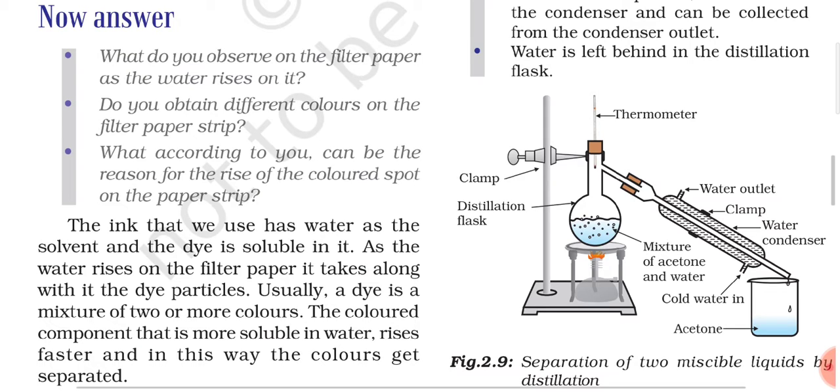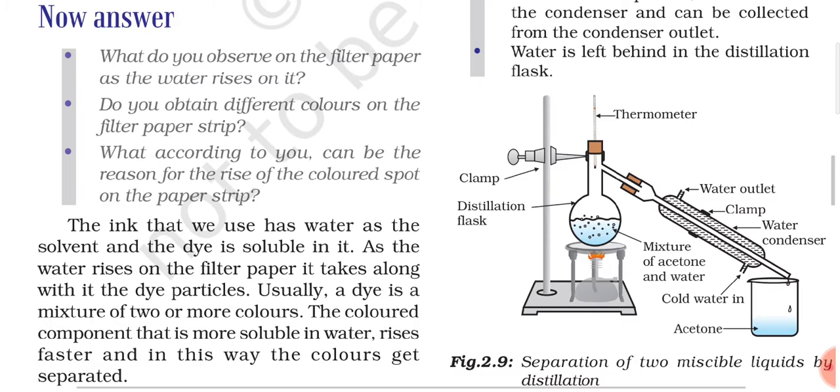So what will happen when we leave it like that, we will observe that water will start rising on the filter paper. This is because of the capillary action, and you might have also observed this at home, that if you dip a piece of cloth or a piece of paper, then you will find that water will eventually rise.